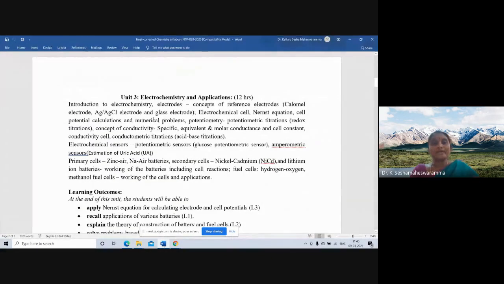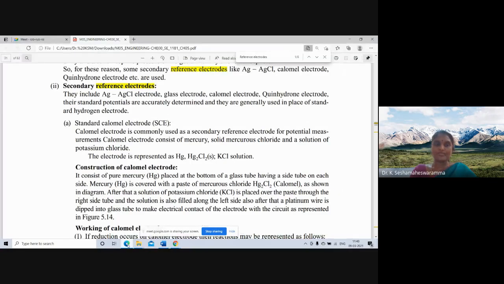As per your syllabus, the calomel electrode is there. Reference electrodes are broadly divided into primary and secondary reference electrodes.